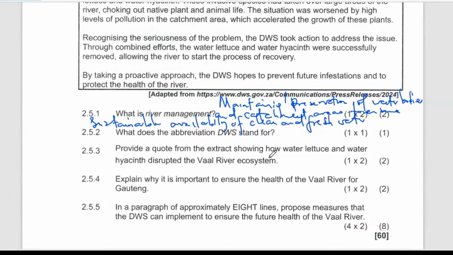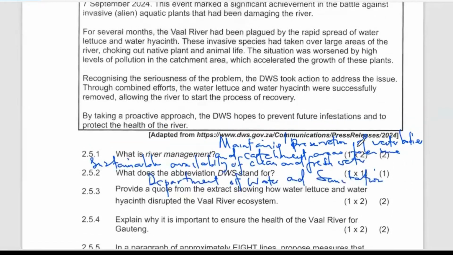Right. What does the abbreviation DWS stand for? That is the Department of Water and Sanitation. Right. Provide a quote from the extract showing how water lettuce and water hyacinth disrupted the Vaal River ecosystem. Right.